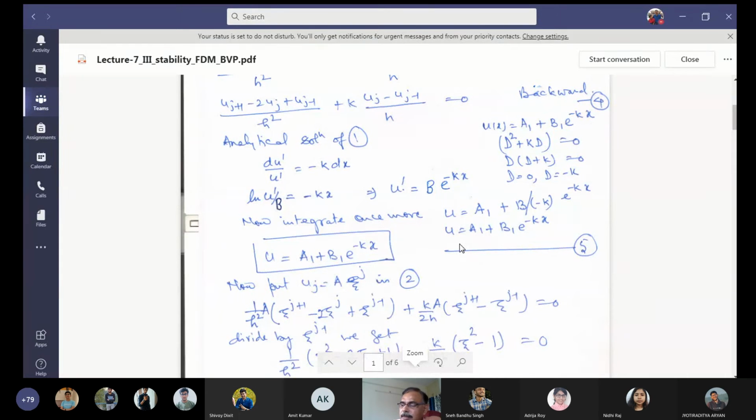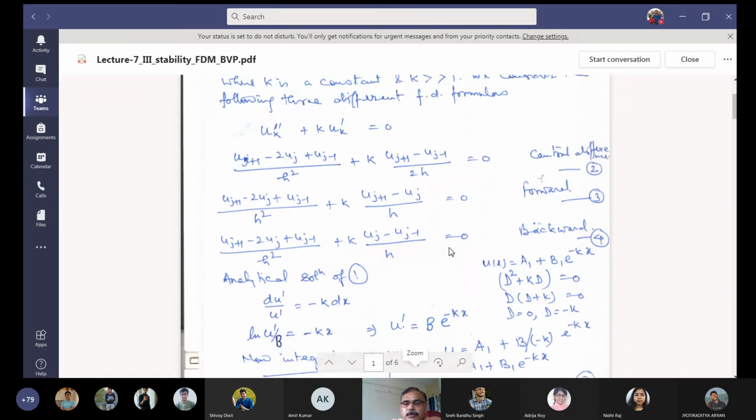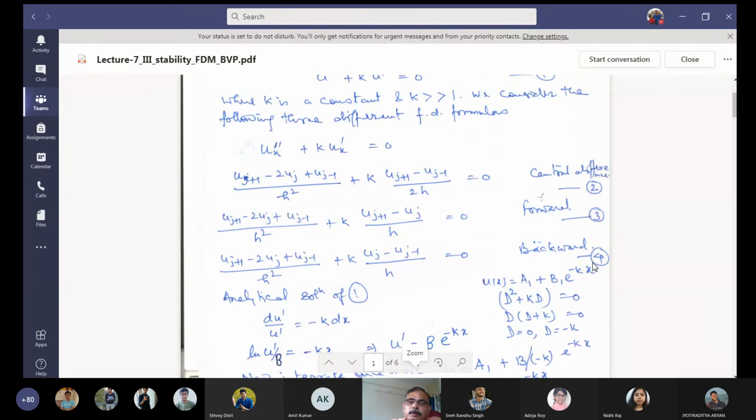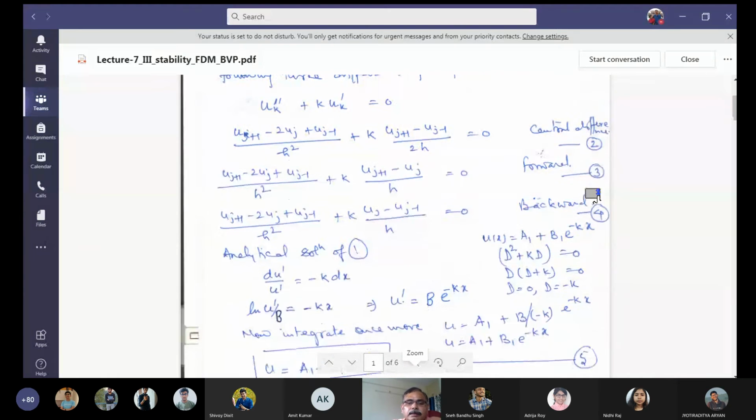Okay. Now let us proceed exactly like the way we have proceeded for your first order differential initial value problem. So let us put uj equal to a into xi to power j in that 2, 3 and 4. Let us put first in 2 and see what is happening.